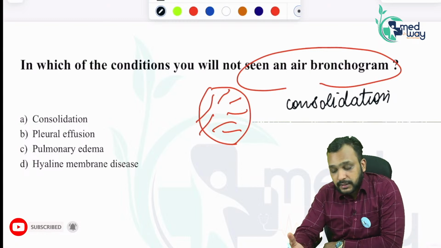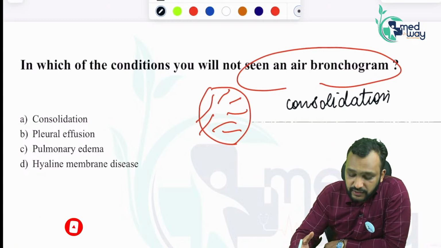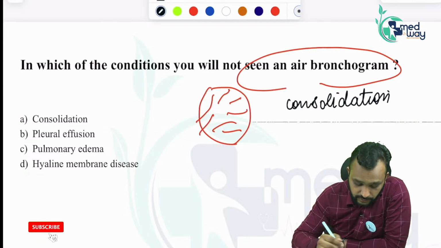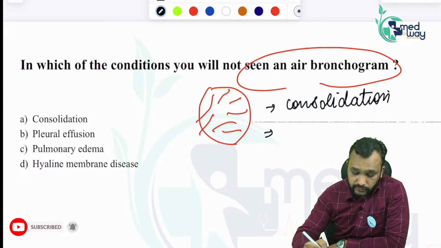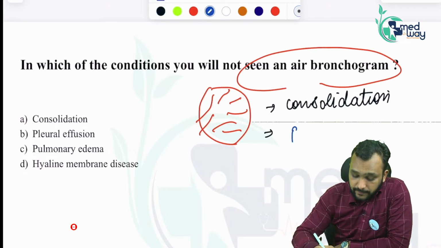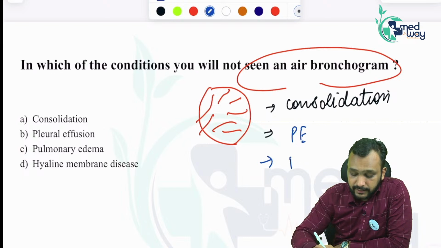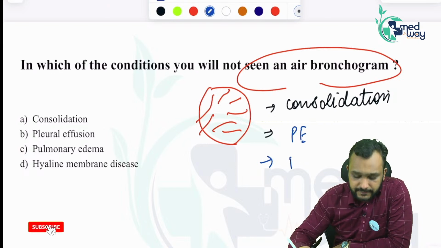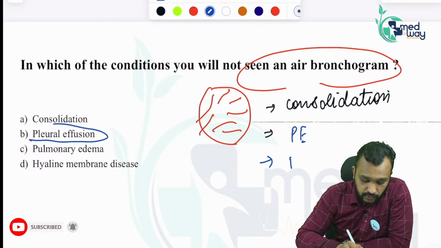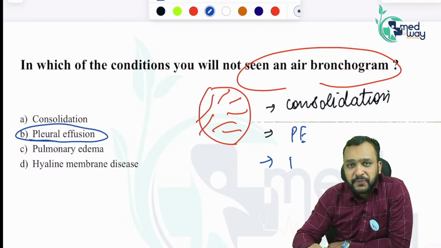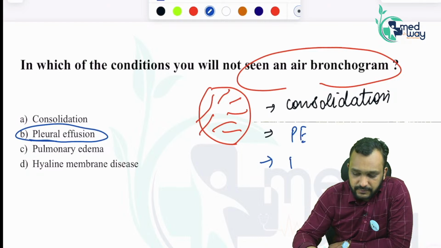What happens in consolidation? Your alveoli get filled with blood, pus or fluid, right? So this will be seen in consolidation. It is also seen in pulmonary edema and hyaline membrane disease, right? But pleural effusion is not going to show the air bronchogram sign, right?